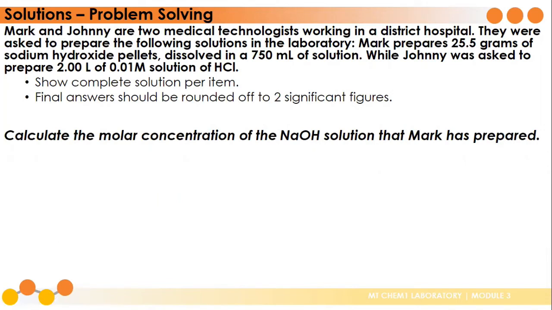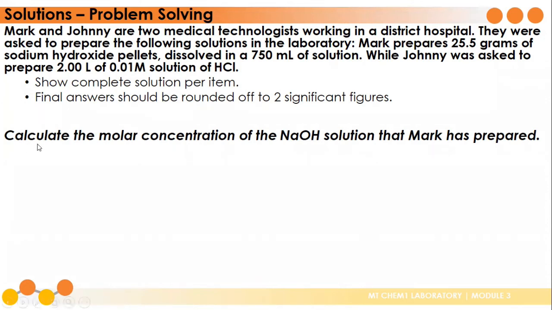Mark prepares 25.5 grams of sodium hydroxide pellets dissolved in 750 ml of solution, while Johnny was asked to prepare 2 liters of 0.01 molar solution of hydrochloric acid. For your final answer, show the complete solution per item, and your final answers should be rounded off to two significant figures, which the process of rounding off and using significant figures were discussed during your lecture.